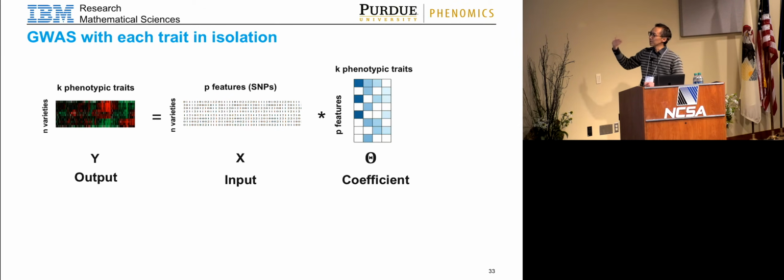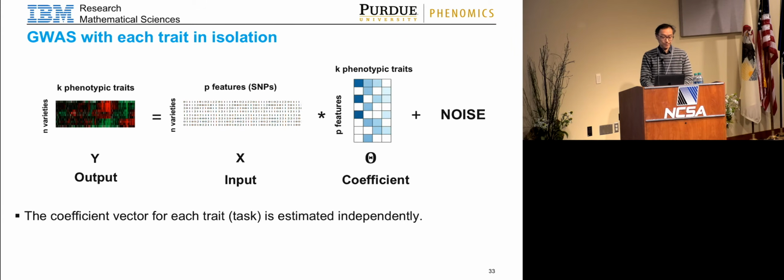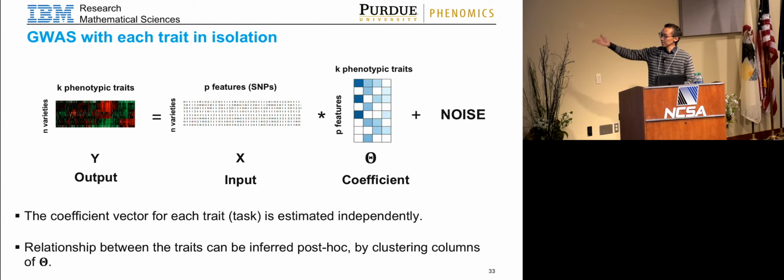So if you have multiple phenotypes, you have multiple columns, but traditionally you would do the regression separately for each phenotype. So that's what this says. And if there are non-trivial relationships between the traits, that could be inferred post hoc by clustering the columns of these estimated parameters. If they're similar, then you may realize that those traits are related.